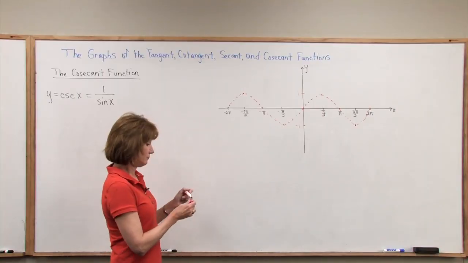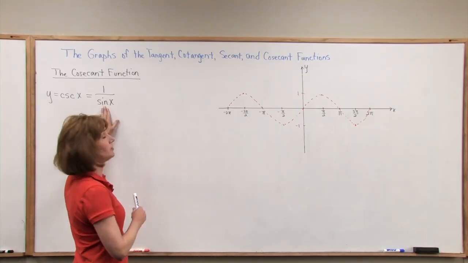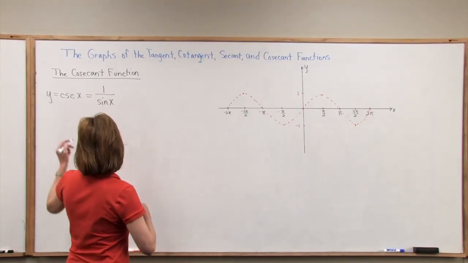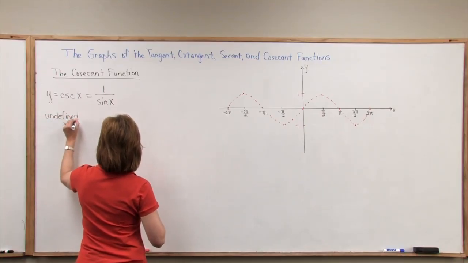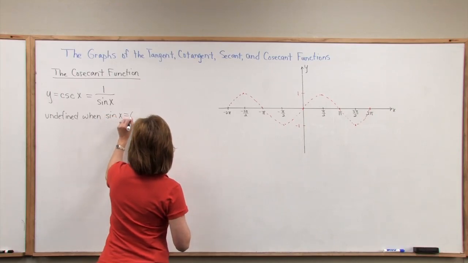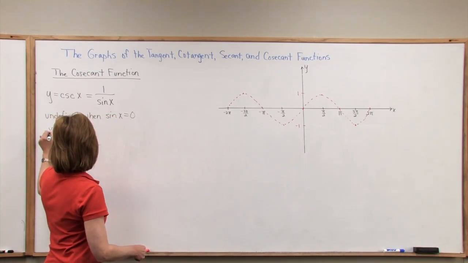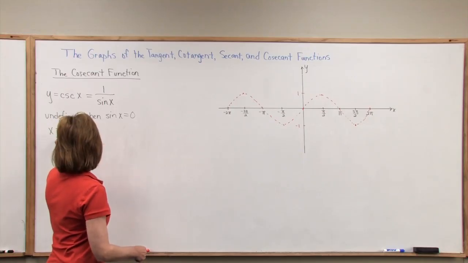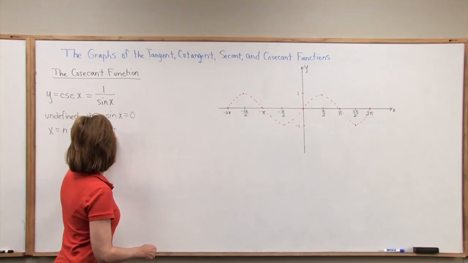Now the cosecant is the reciprocal of the sine function. First of all, notice that the cosecant function is going to be undefined when the sine of x is 0. And the sine of x is equal to 0, we can see, when x is equal to n times pi, where n is an integer.